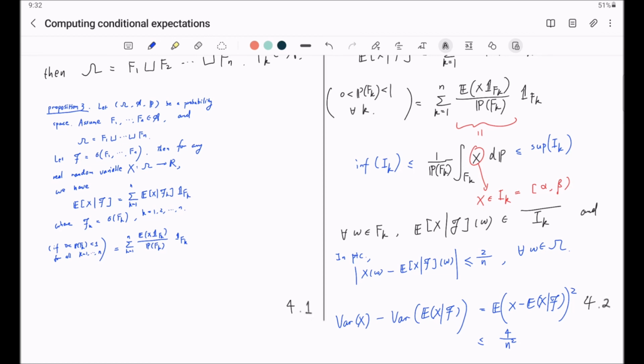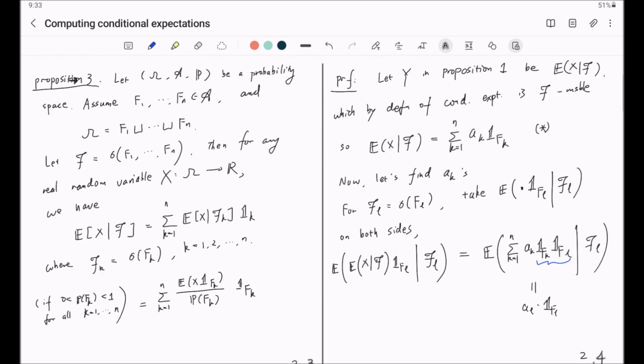And of course, the larger we are allowed to choose the size of the partition of Omega, the smaller covariance loss we can get. This is one of the applications of our proposition number 3.